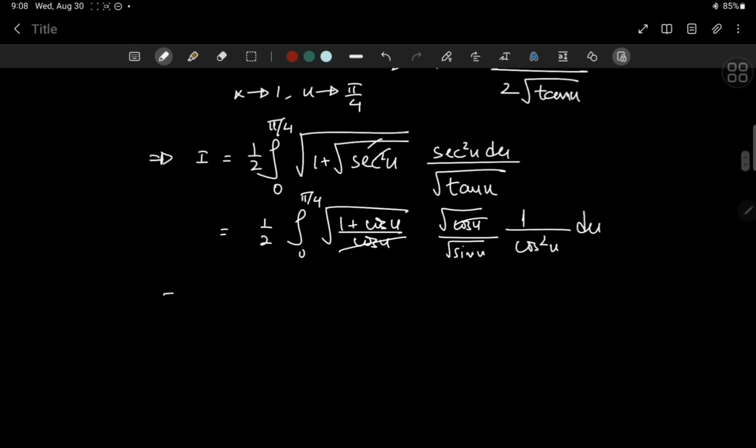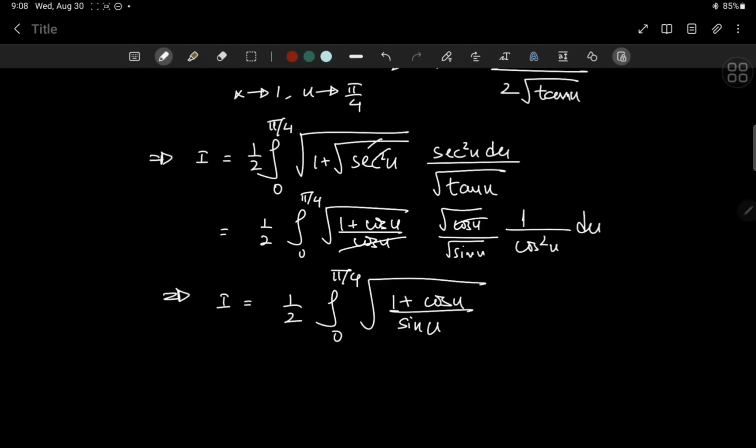So all of this implies that I is in fact 1/2 the integral from 0 to pi by 4 of the square root of 1 plus the cosine of u divided by the sine of u times 1 by the squared cosine of u du.